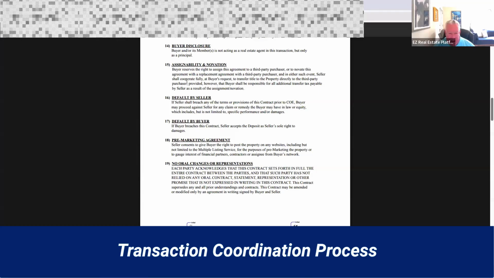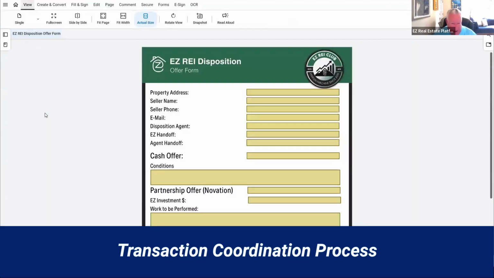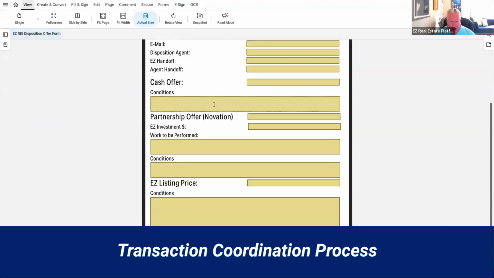And again, they fill out a, let's see here. So I was going to show you this if you have any questions. When Adam does a workup on a property, this is where he puts the cash offer down, the Novation offer, or the easy platform amount that he's going to do it at, and work to be performed, if any, conditions, and then the easy listing price.